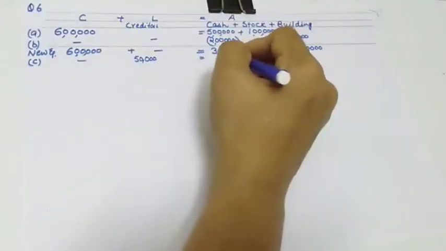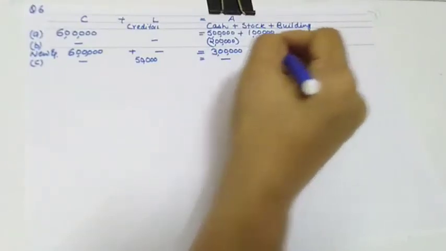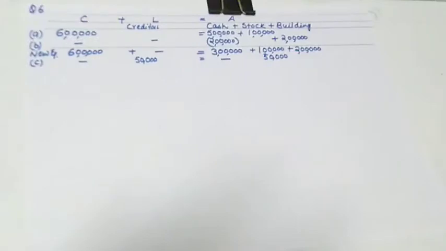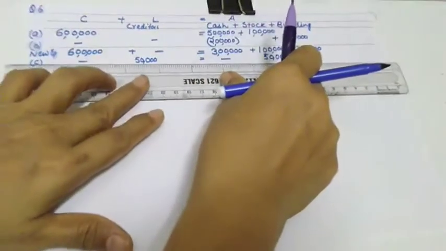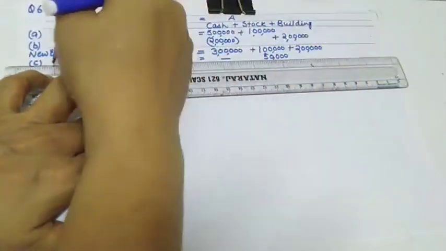No change in capital, no change in cash because you are not buying in cash, but your stock will increase by 50,000. So let us see the impact of this transaction and what will be our new equation after this.